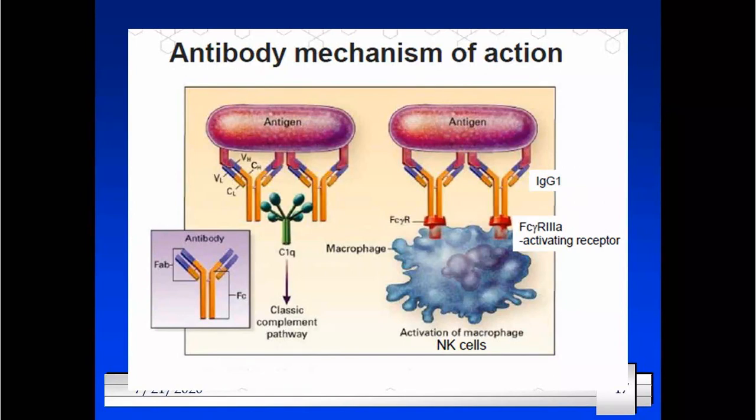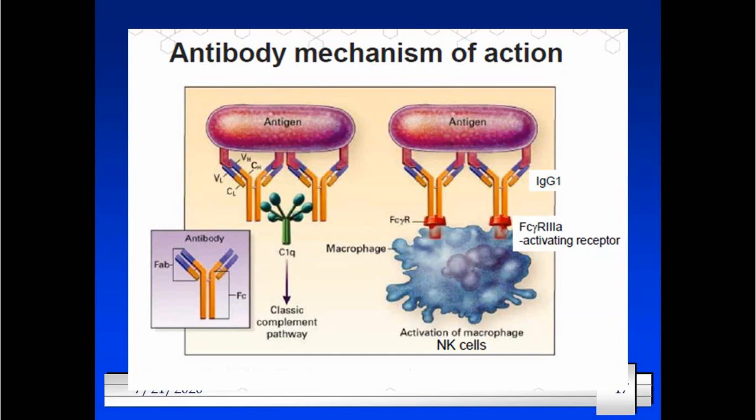The other mechanism of the antibody is that we have antibody fixed to the tumor surface cell, and this antibody will be bound or captured by a macrophage, or sorry, natural killer cell, or even macrophage.